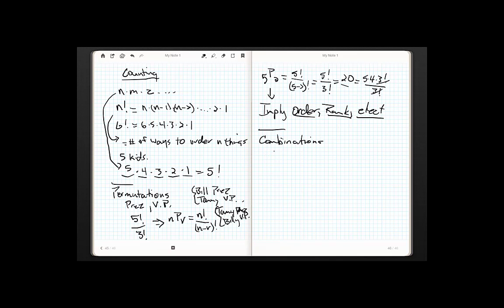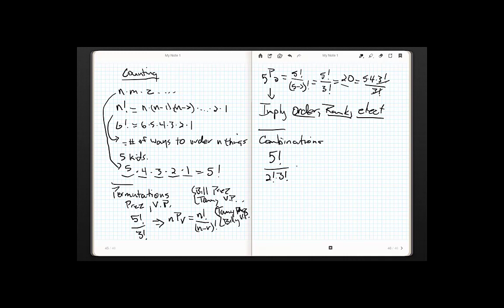Watch. So first things first, same thing. What I'm going to do is take all 5 kids and order them. Now, just like before, I'm going to divide out the kids that don't get to go to lunch because their order doesn't matter. So I divide out the 3 factorial. However, since the order doesn't matter on the 2 kids that go to lunch, I also divide out their ordering.